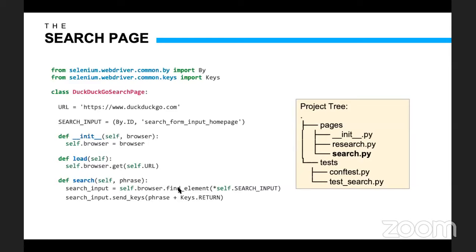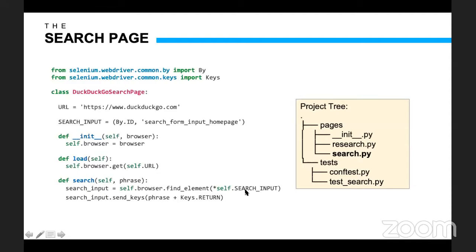It takes a locator type and a locator query. I've created an attribute called search input on my class, which is a tuple that has those two pieces. So I'm able to locate my elements using an ID locator where the ID is this name, search form input homepage. And I'm going to call it here. And I use this asterisk simply to expand my tuple elements into arguments positionally. That's all that does.